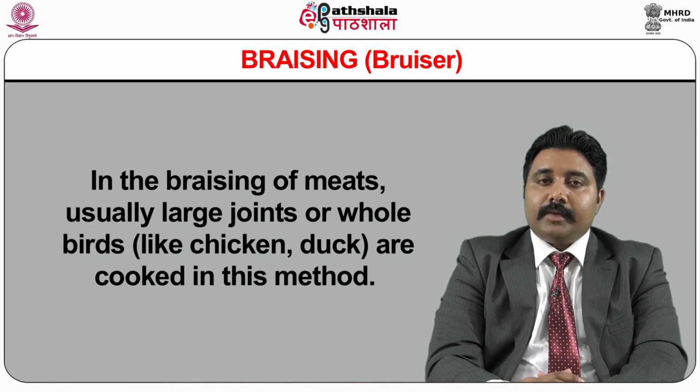In the braising of meats, usually large joints or whole birds like chicken and duck are cooked in this method. A method of cooking food in a closed vessel with very little liquid at a low temperature and for a long time. Braising is used mostly for tougher cuts of meat.